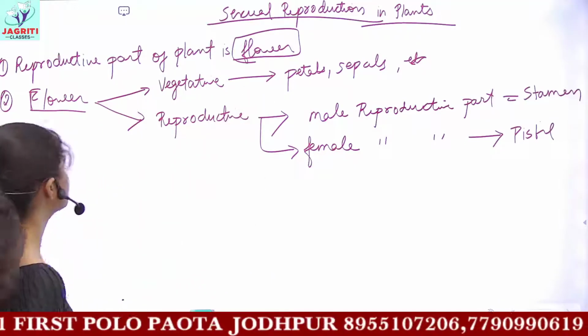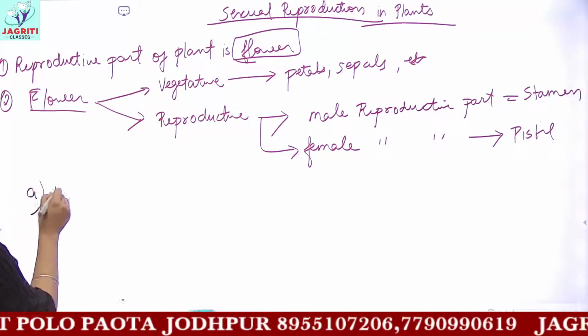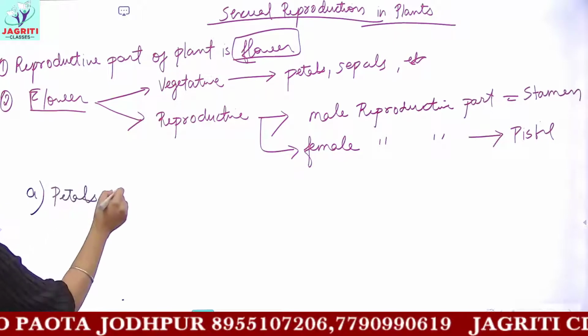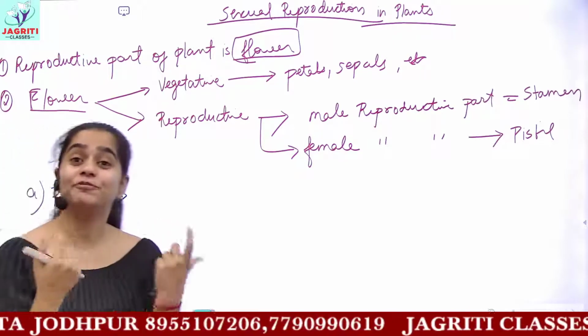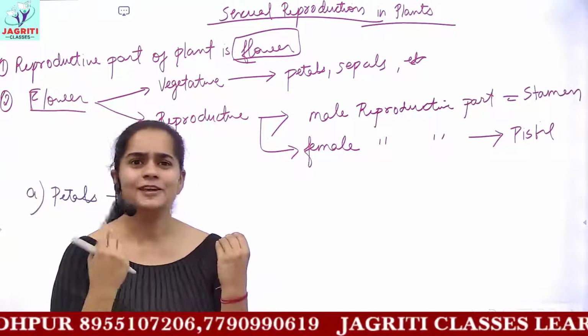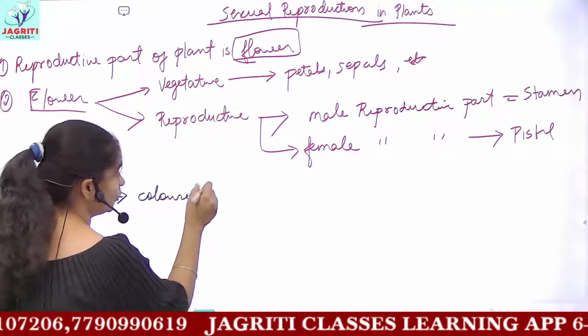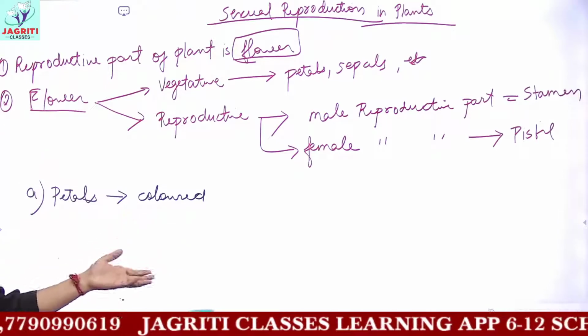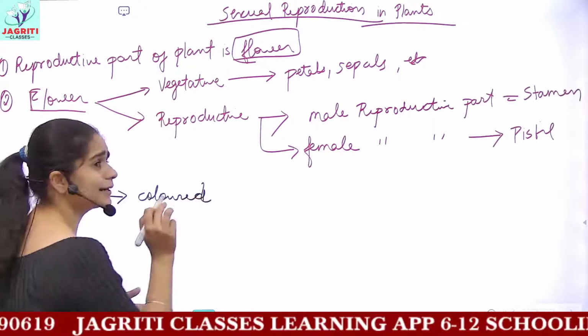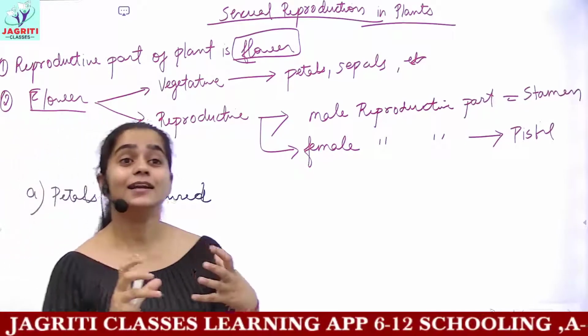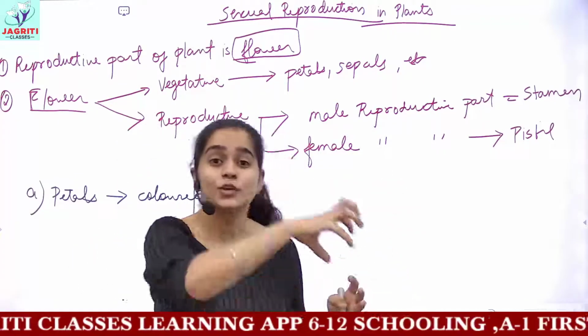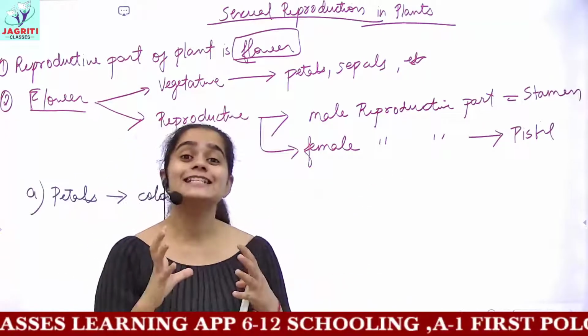So first come the petals. Petals, you know, give the beauty or glory to the flower. These are of various colors, so it is the colored part of the flower. And what is the function of petals? These petals are colored because they are required to attract insects towards the flower. Why are these insects needed?